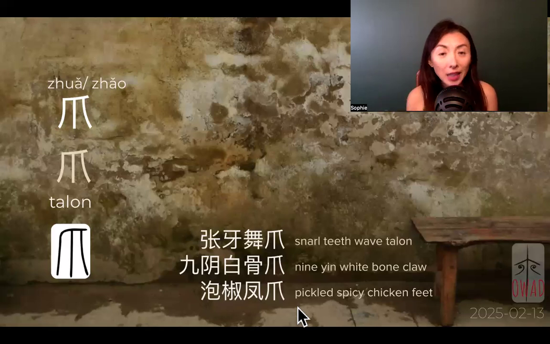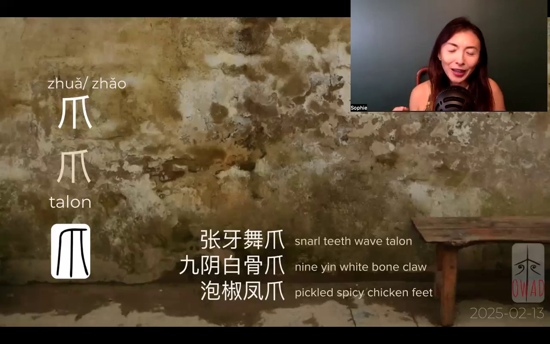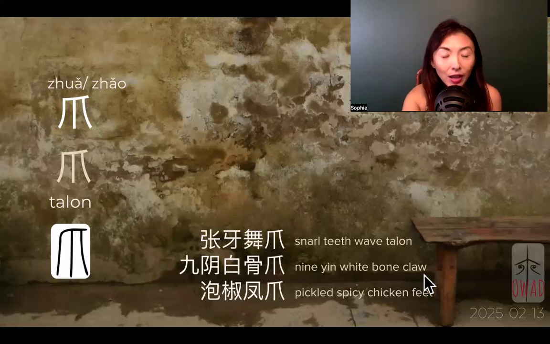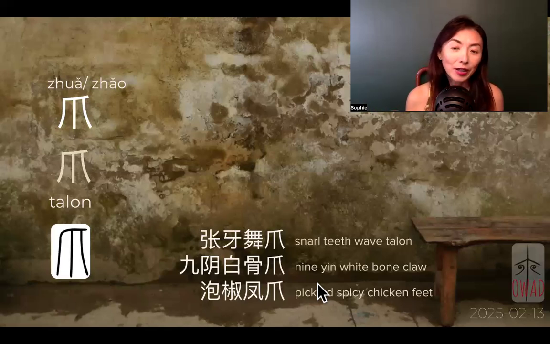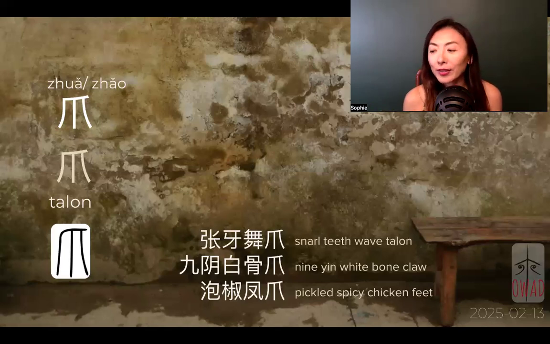So just by the sound of it and the meaning of it, I can deduce with three examples, which may not be true because I have a small sample size here, but the zhao means more predator type of hand that's of a big bird. And in fact, the 九阴白骨爪 is one of the fictional Chinese kung fu, which is deadly and was done by I guess a female villain.